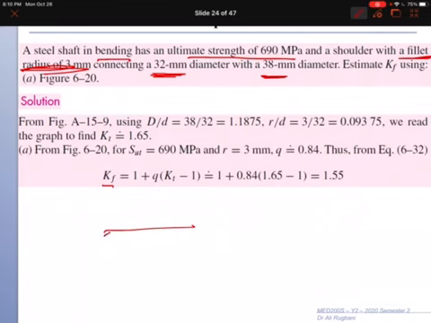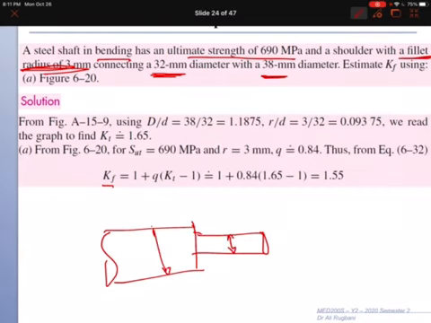Because we have a change in diameter from 32 to 38, the notch radius or fillet radius R is 3 millimeter in this case. So we have stress concentration at these points.